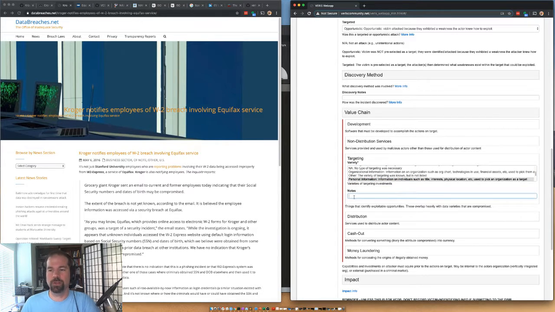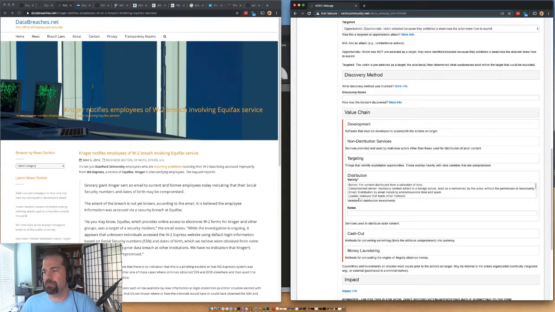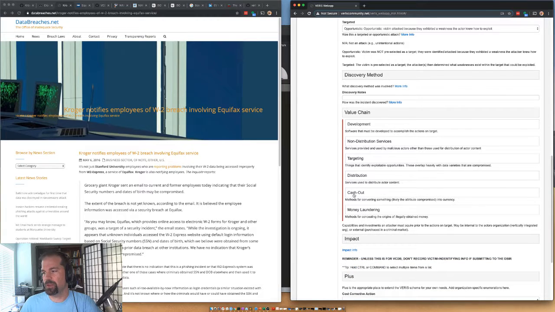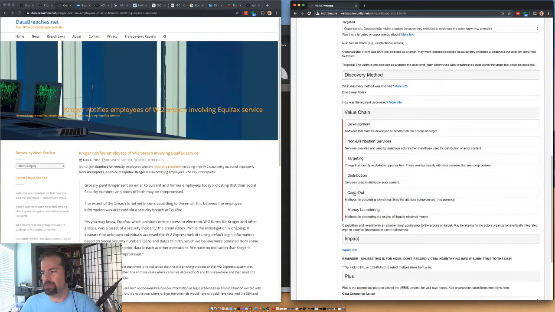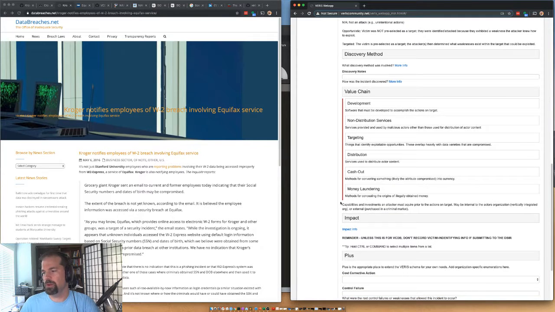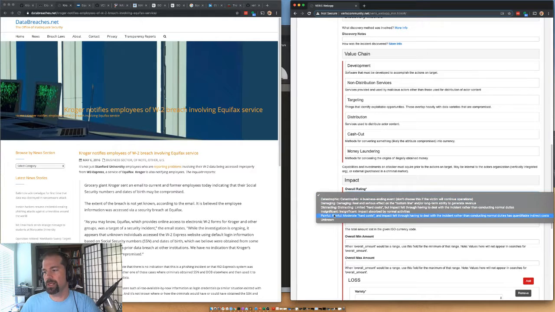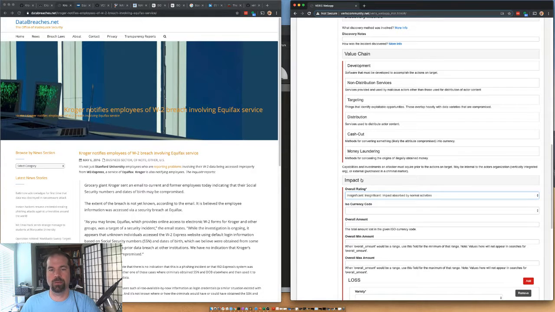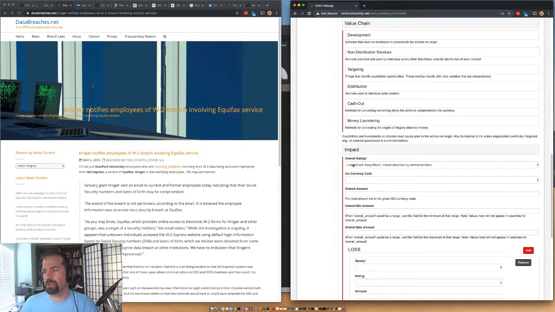The personal information had to be gleaned to target the individuals on the system, and that was what really contributed to the attack before. And then cash out for this is going to be tax fraud, and we don't know anything about money laundering or not. So impact overall rating, and the reality is that they just kind of disclosed it and went, whoops, sorry. And so it didn't really impact the victim.